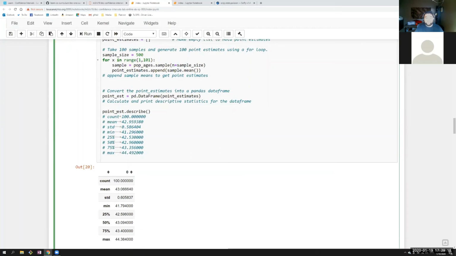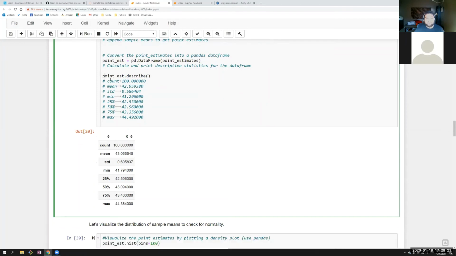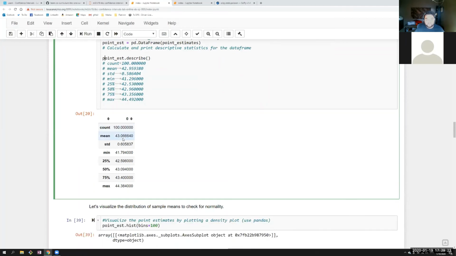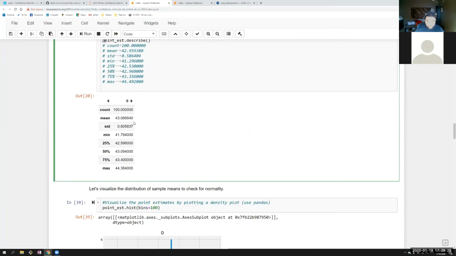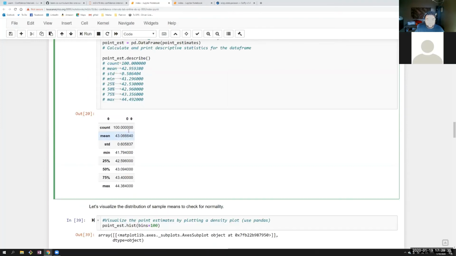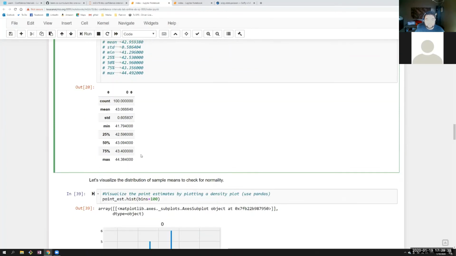Then we can do point_estimates.describe, and that will give us statistics. They're slightly different because I'm using a different random state than what they use, but it's close enough for government work. So there we go. Standard deviation is 0.605. It's 0.586 in theirs.